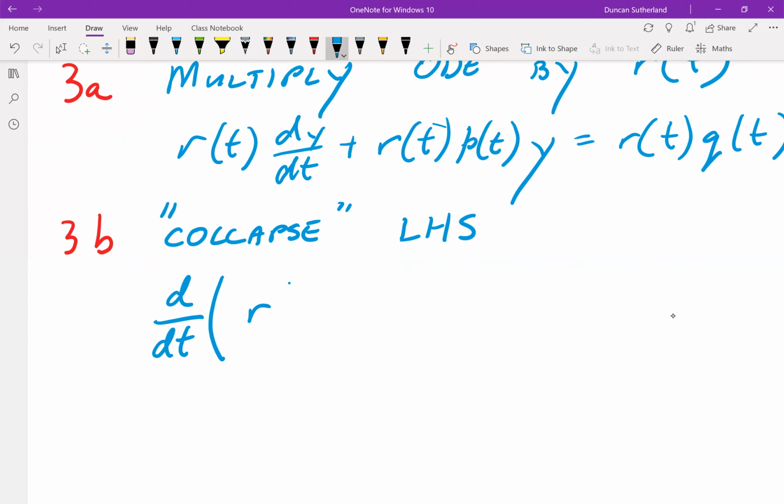Now we integrate the directly integrable equation. Finally, we can write our solution for y.